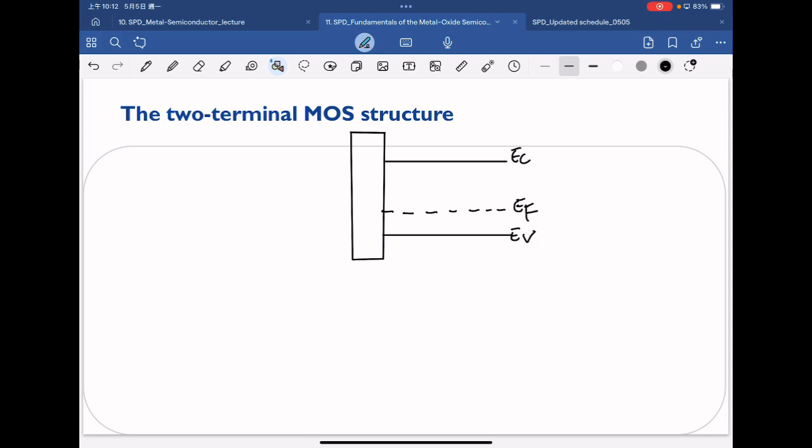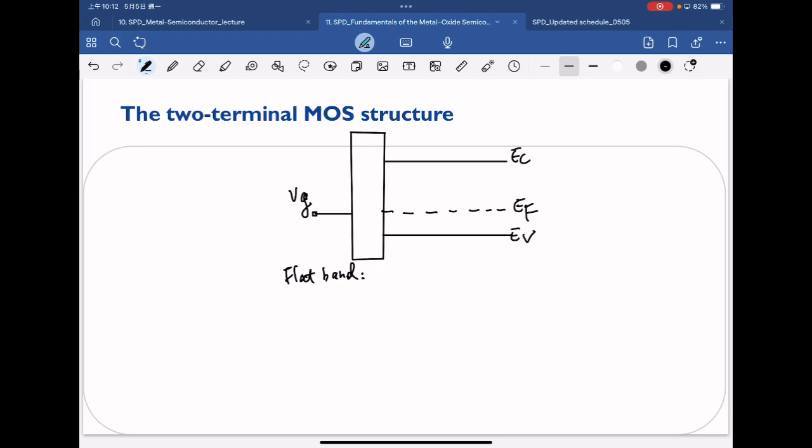There's one particular condition where the Fermi energy of our gate metal is aligned with the Fermi level in the semiconductor, and this is the case we call the flat band condition.